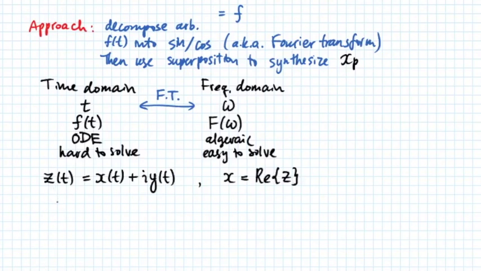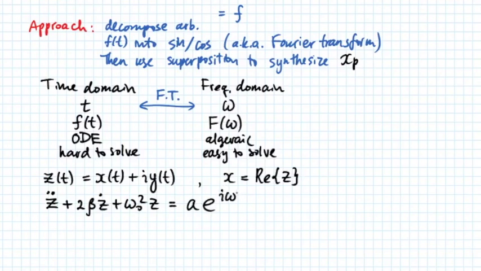Thus, we can write the equation of motion as z double dot plus 2 beta z dot plus omega naught squared z. And on the right hand side, we'll write the driving force at the specific frequency given by a times e to the i omega t.